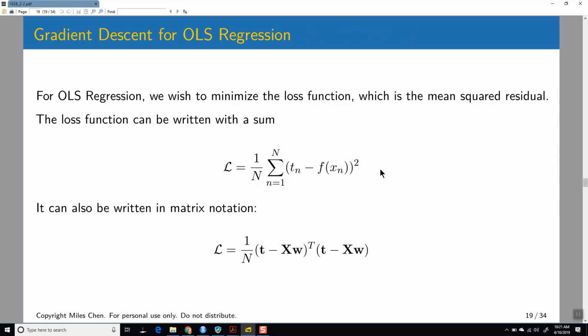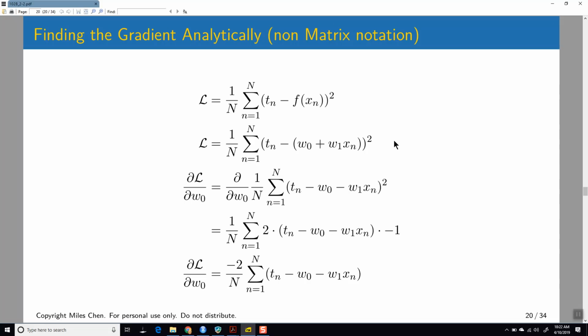If we wanted to do gradient descent, we would have to find the gradient of the loss function with respect to our weight matrix W, which consists of W0 and W1. This is what we're doing because we are trying to find the minimum of the loss function by adjusting the W matrix.